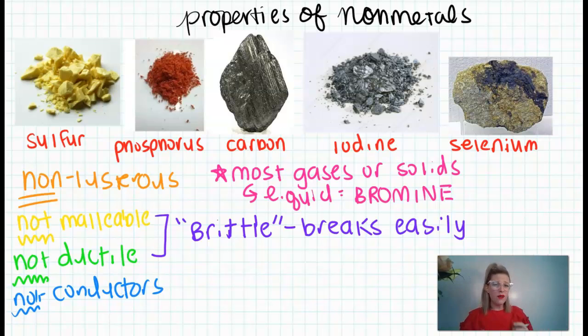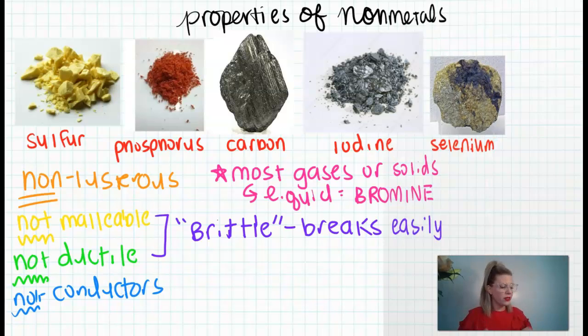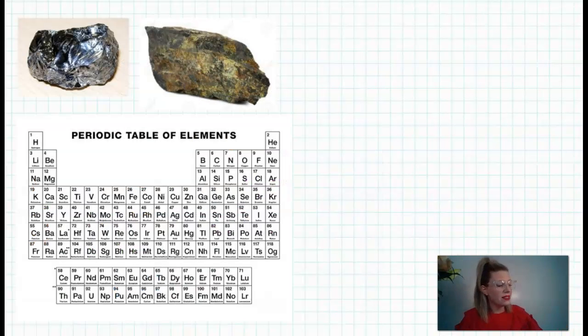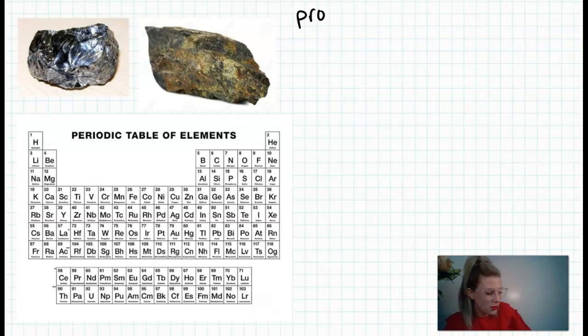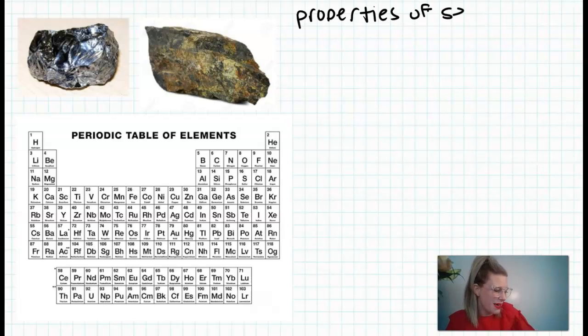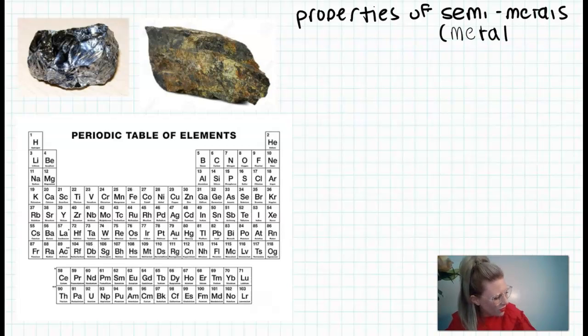Okay, so now that we've covered metals and nonmetals, which make up the majority of the elements that exist in nature, I do need to quickly talk about a very special group, which are known as the semimetals or the metalloids. So these are going to be the properties of semimetals, or again, also known as metalloids.